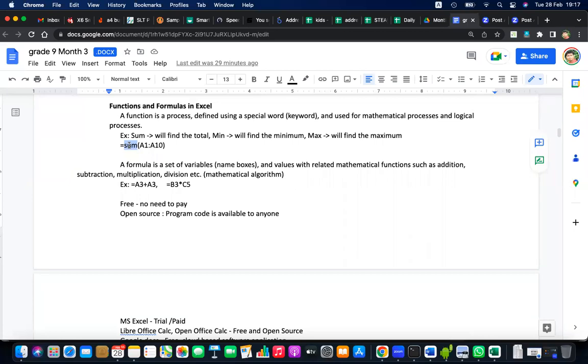Multiplication, addition, division, these things can be done. In a function, you can see a special keyword, for example SUM, MAX, MIN. These are functions. Functions have keywords, but formulas have mathematical symbols or calculations. So that is the difference.